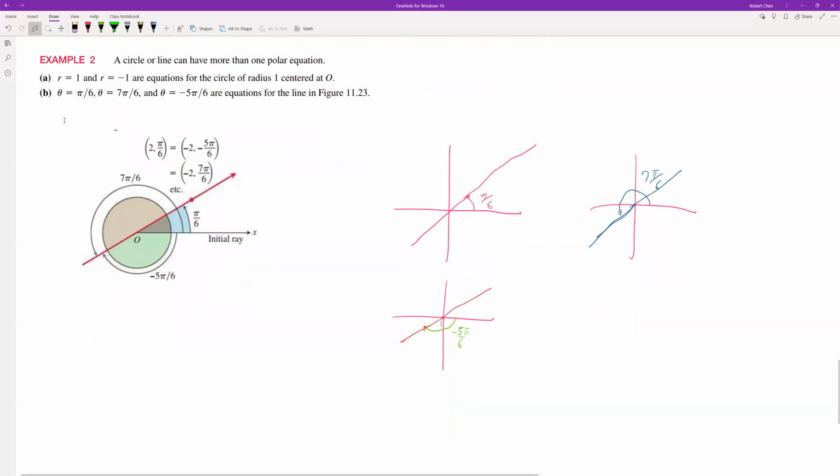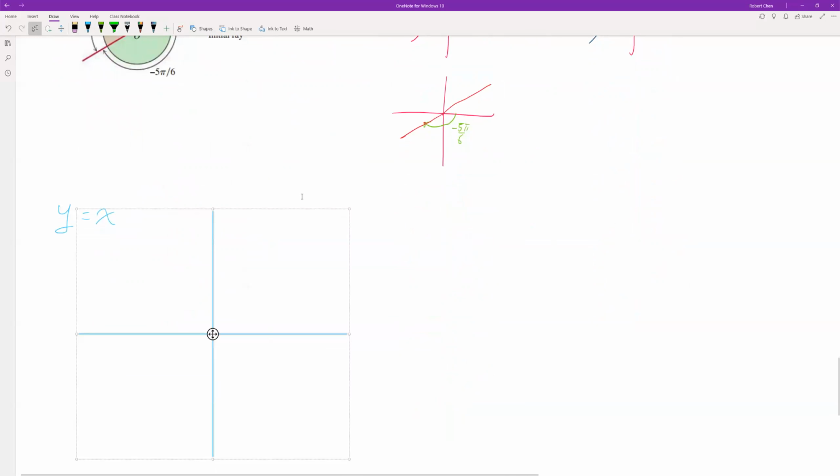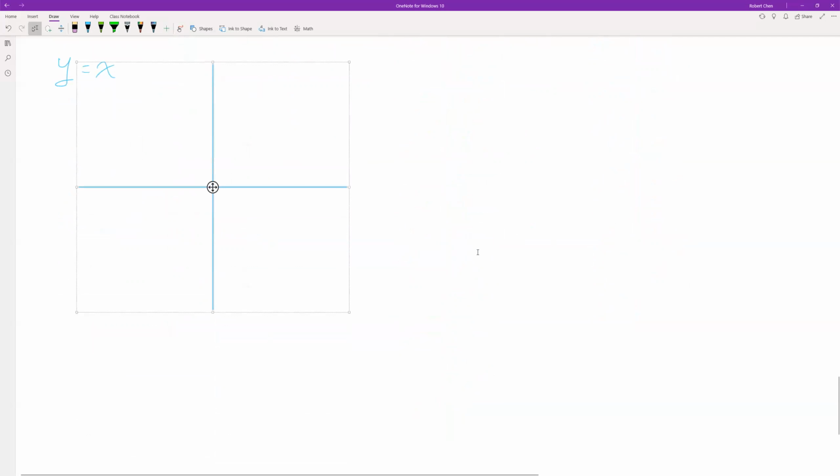And let's do a quick example to elaborate on that. Very simple. y equals x. y equals x is just a straight line that goes through the origin, like this. Right? y equals x. Maybe not the best one I have drawn. Something like that.